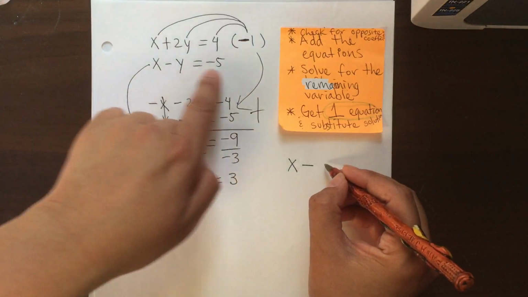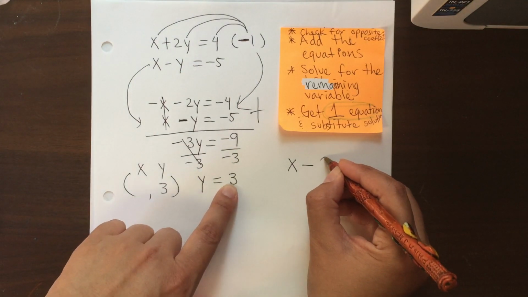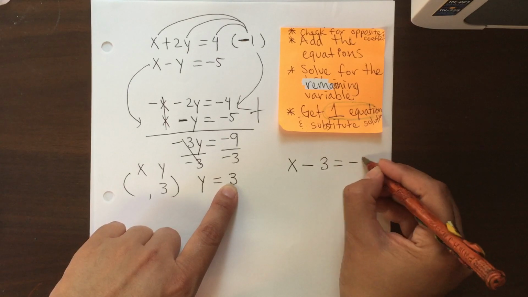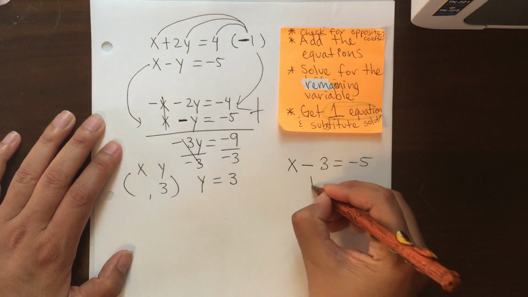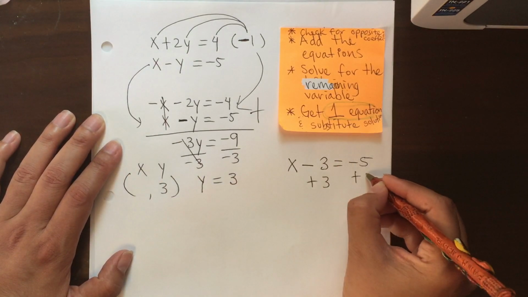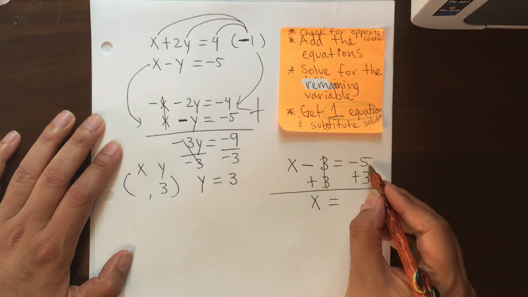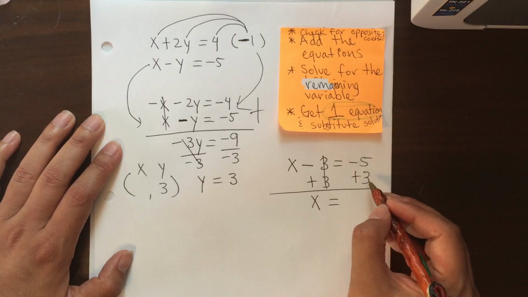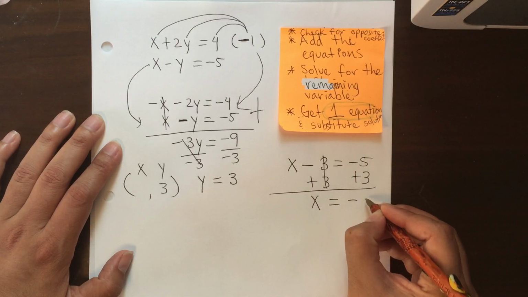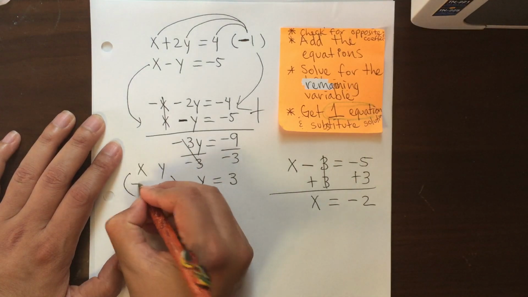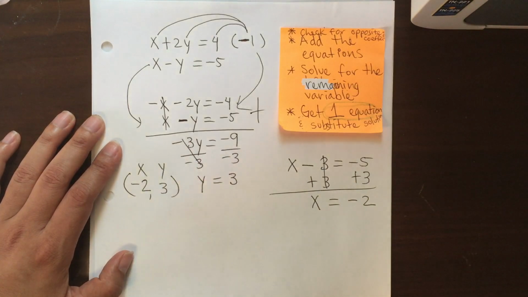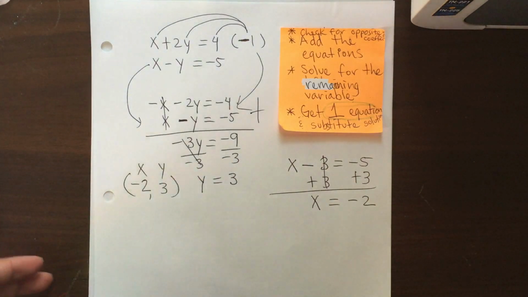You can write the whole equation again or just substitute already. Equals -5. I add 3 to both sides. And x is equal to, if I owe $5 and pay 3, that means that I still owe $2. Okay, so my x is equal to -2.